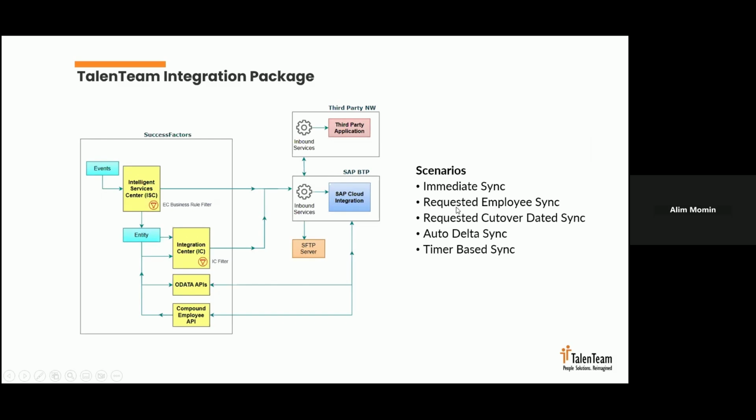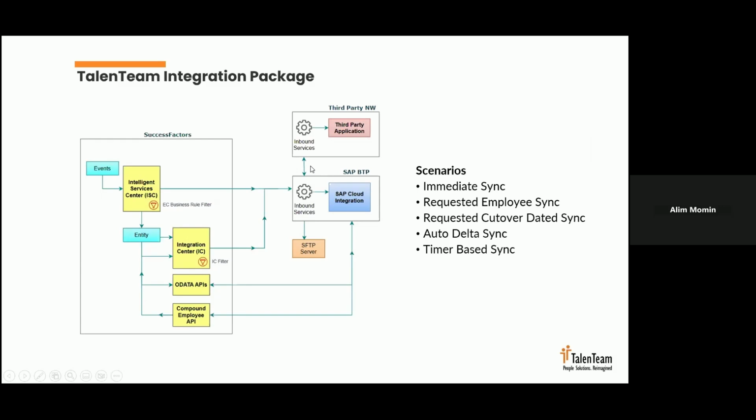Second scenario is a requested employee sync. Sometimes it happens that a particular data in the third party is not good for a particular employee, and the SuccessFactors admin confirms that whatever was the issue with the data for this employee has been corrected in SuccessFactors. Now, can you try to sync it? There is no option for the third party to sync only a particular employee.